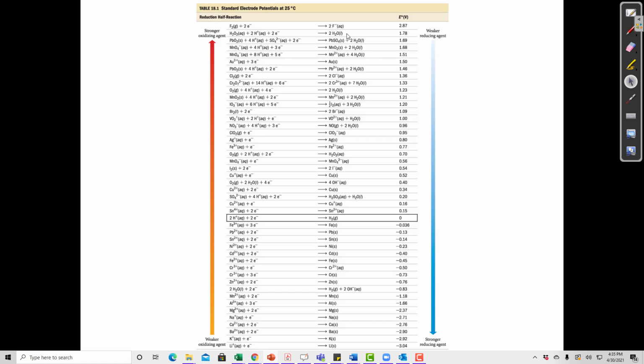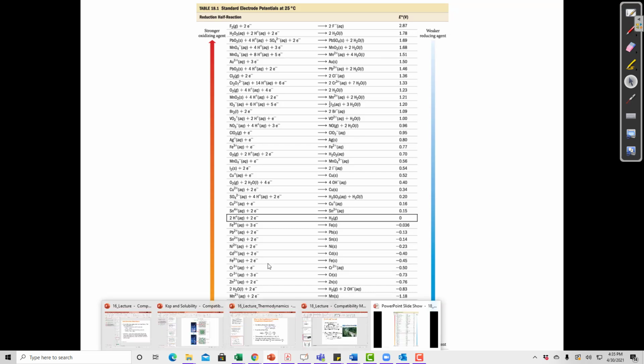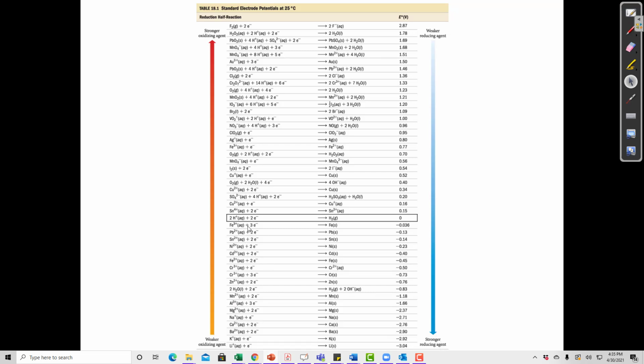So I only ever need a table of reduction potentials, because once I've determined which thing is the reduction, I also know which half is the oxidation. So I don't need a table of oxidation potentials.